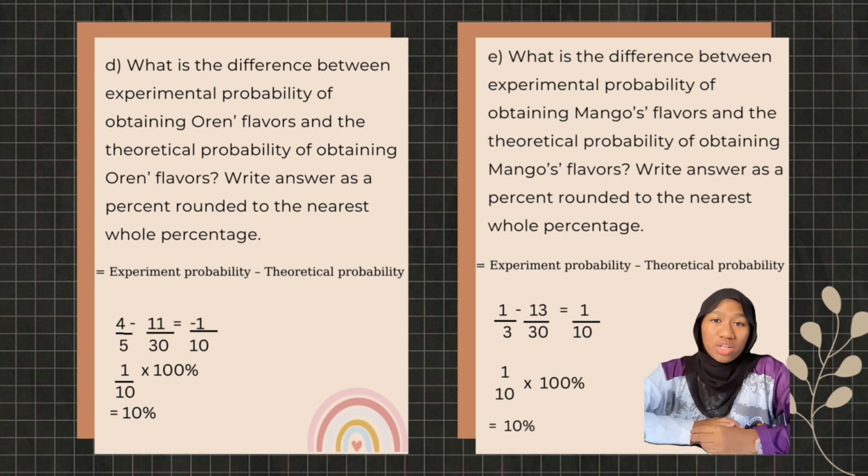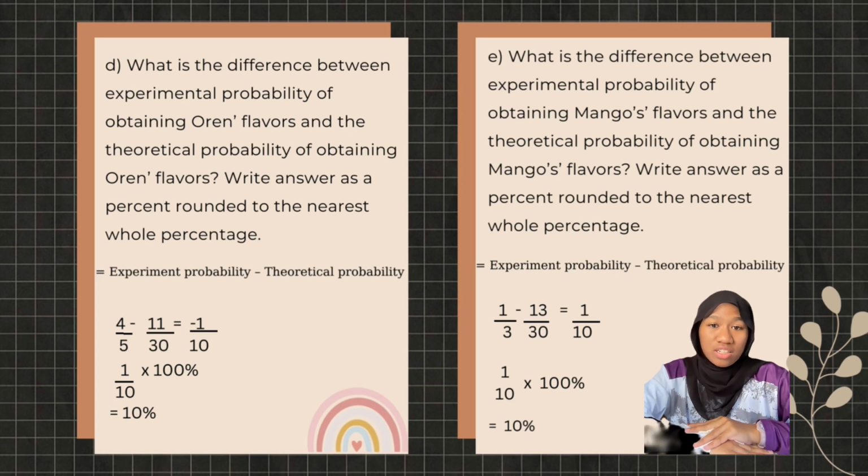The question E is what is the difference between the experimental probability of obtaining mango's flavor and the theoretical probability of obtaining mango's flavor. We will write the answer as a percent rounded to the nearest whole percentage.